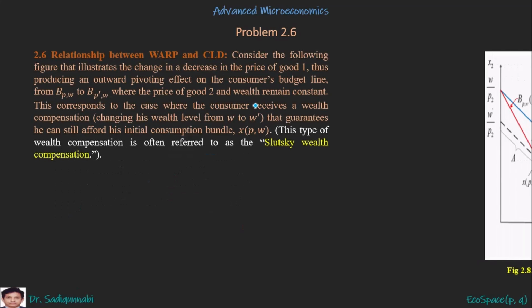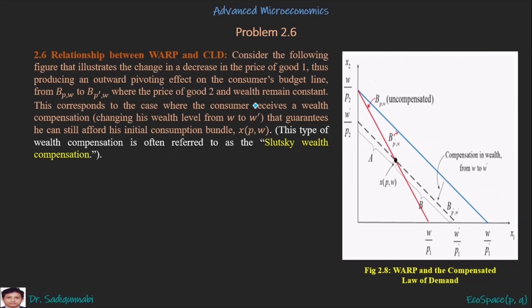2.6 is about the relationship between WARP and CLD. Here CLD means compensated law of demand. Consider the following figure. This is figure 2.8, illustrating a decrease in the price of good 1.